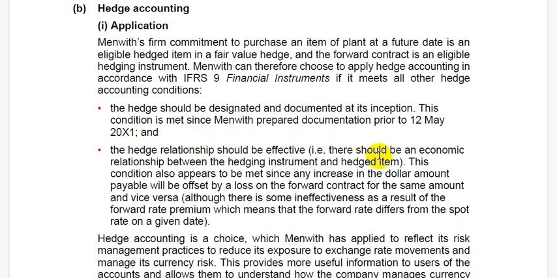And secondly, the hedge relationship should be effective. That is, there should be an economic relationship between the hedging instrument and hedged item.